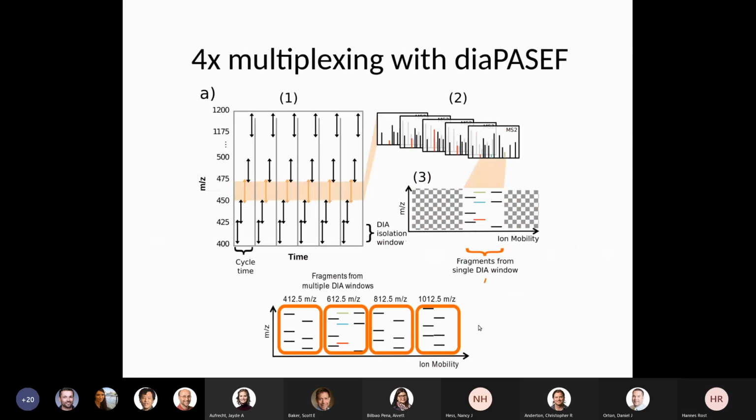So instead of acquiring one single DIA window in the 100 milliseconds that it takes to perform a scan, we can now actually acquire 4 DIA windows in the same 100 milliseconds without sacrificing any acquisition time on the 2+ ions.